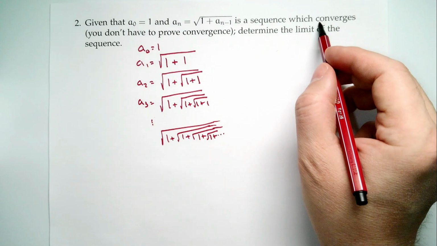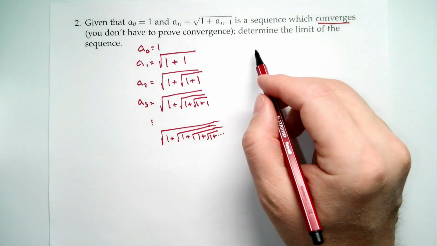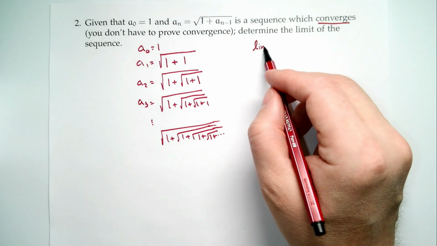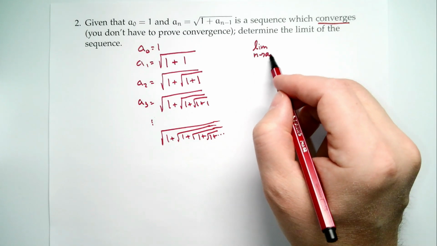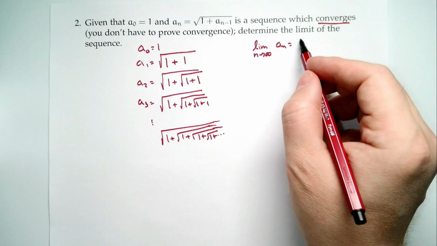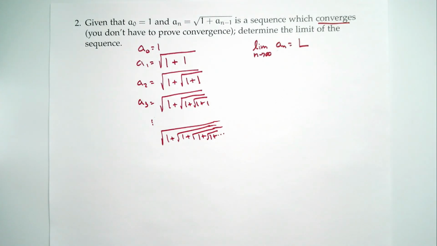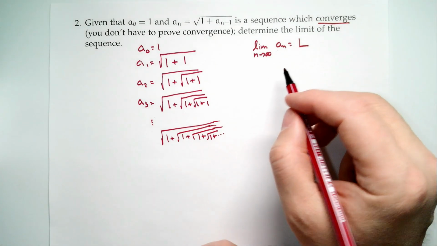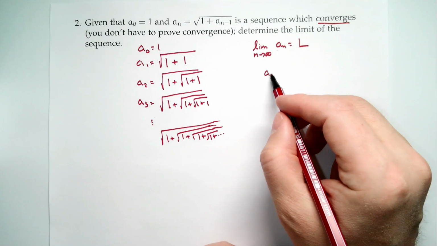We know it converges. So that says the limit as n goes to infinity of a sub n equals something. We'll call it L. L for limit. Now, what do we have? Well, let's think about the two sides.